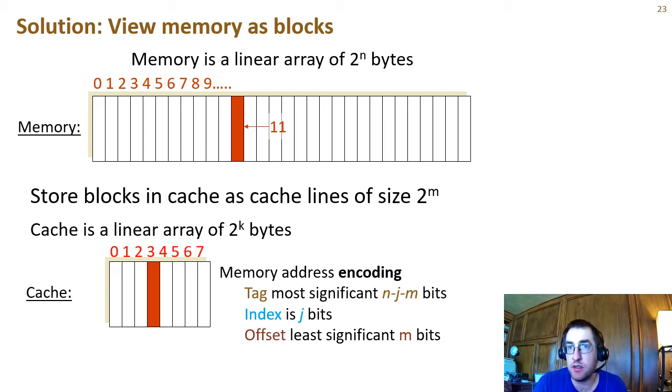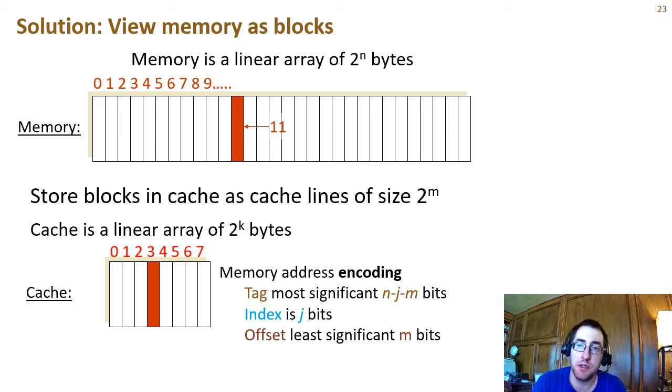So the cache stores blocks of size 2 to the m. So we need to know what the size of the block is in order to figure out where it is in the cache. And the cache is a linear array of 2 to the k bytes. So here we have an 8-element cache. So k is just 3.